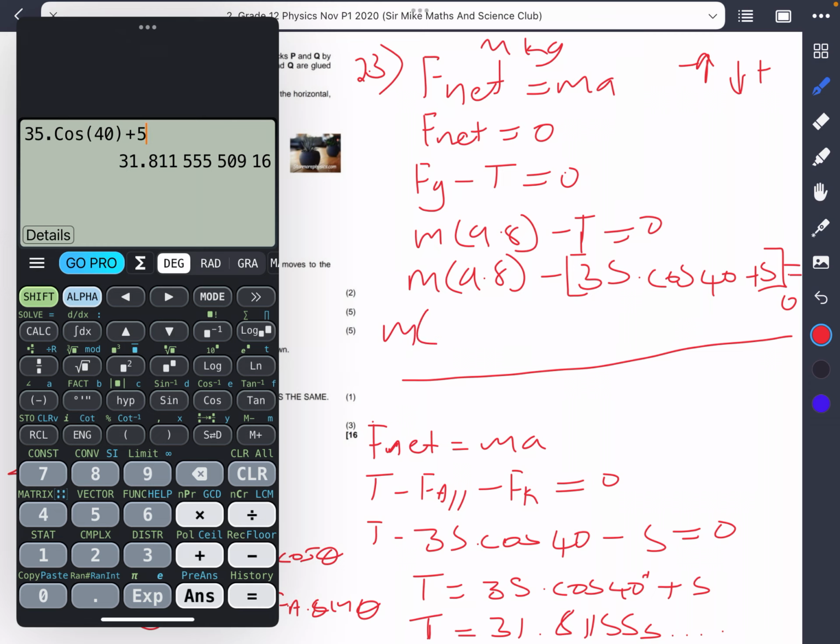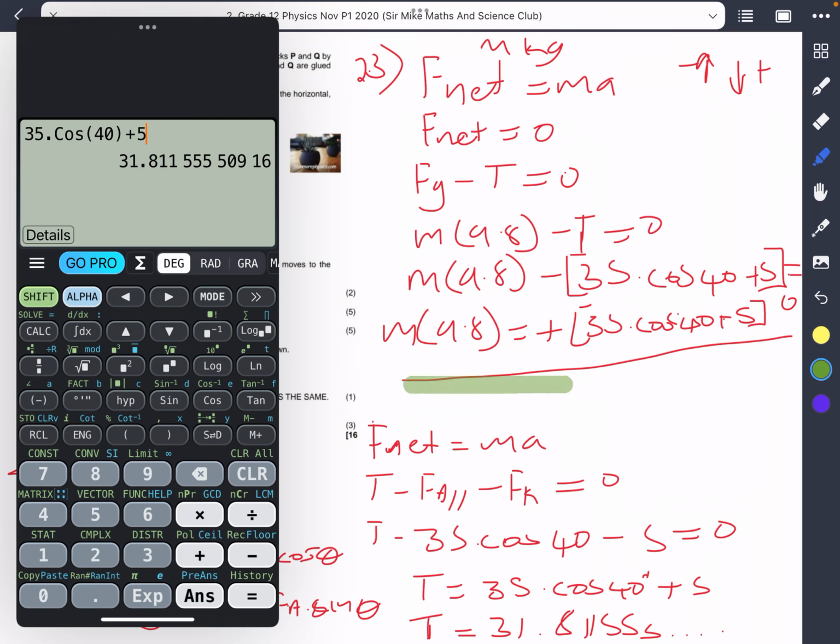I will be left with m multiplied by 9.8 equal to, now remember, when I transpose it to the other side it becomes positive. It was negative, now it becomes positive, so it would be positive 35 multiplied by cos of 40 plus 5.